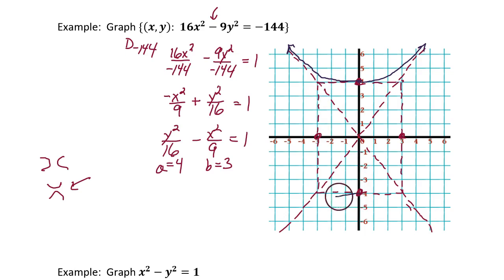Don't forget the other branch down here. The actual answer is the two curves. All of that other stuff is just the work that you do to help you get it on paper accurately.